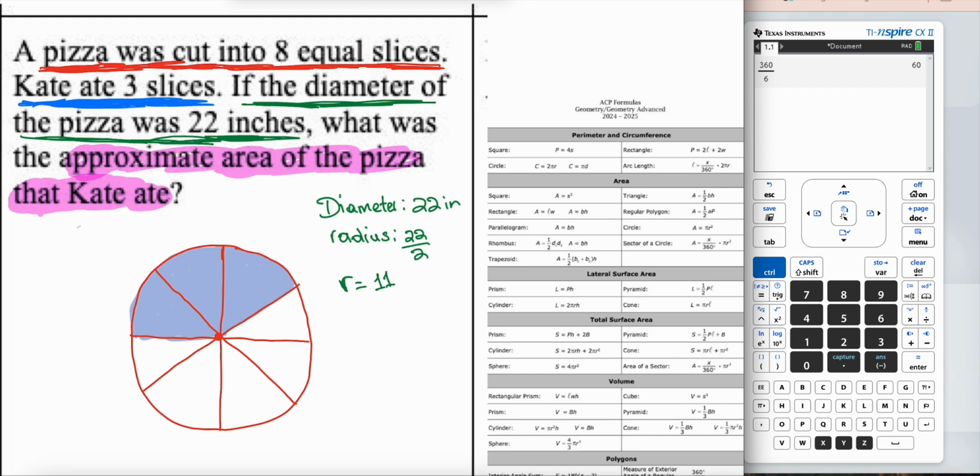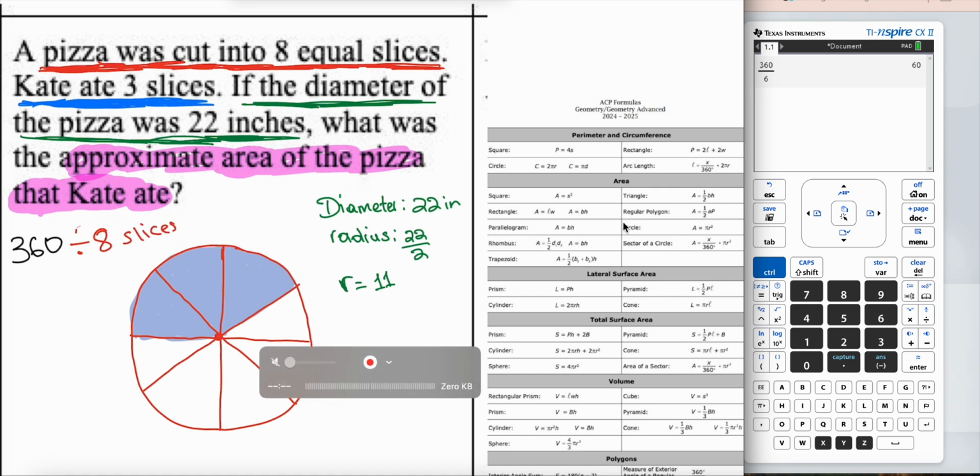Okay, now we know that a circle has 360 degrees. So I'm going to write that down. A circle is 360 degrees. So this 360 degrees was divided into 8 equal slices. So we're going to take that 360 and we're going to divide it by the 8 slices.